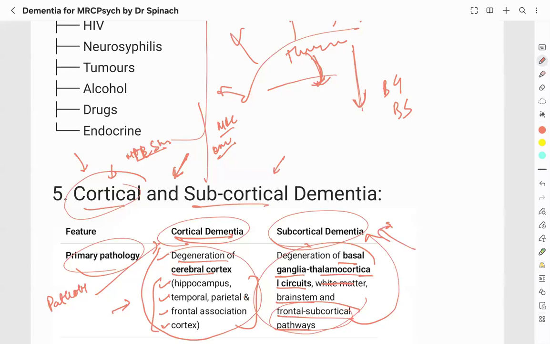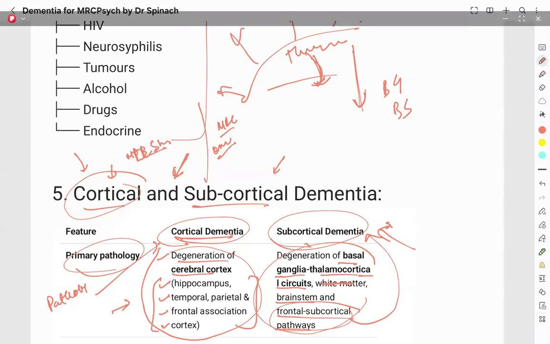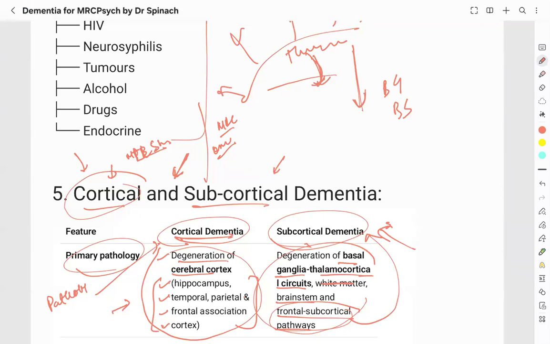Let's just think about them. I'm not sure. I think I've read somewhere that Lewy body will come under subcortical, but I'm not able to recollect. No, it's okay. You can just guess. It's fine.